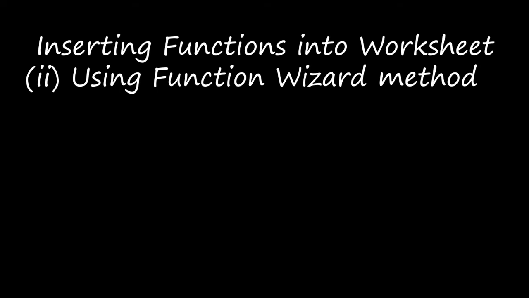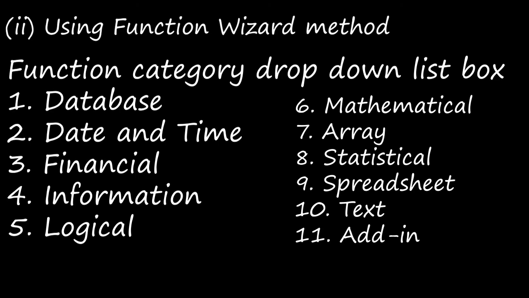This function wizard will have two tabs, right? First, let's see about the function tab. This function tab will have a list of categories which are available in the drop down list box. In this Calc, the functions are categorized into 11 types.